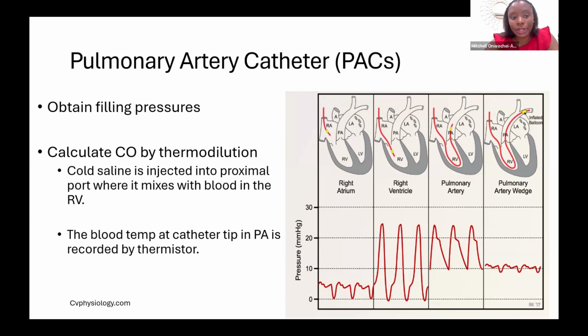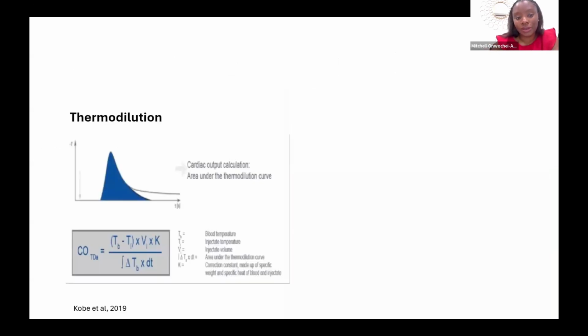The way it works is you inject cold saline into your proximal port, and you check the change in temperature at the distal end of your pulmonary artery catheter. It automatically plugs that difference into this equation down here and pretty much calculates the area under the curve, and that gives you your cardiac output.